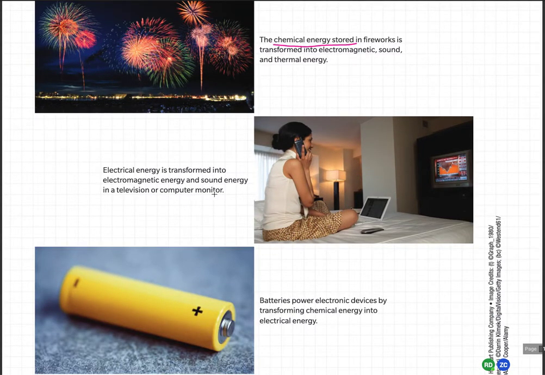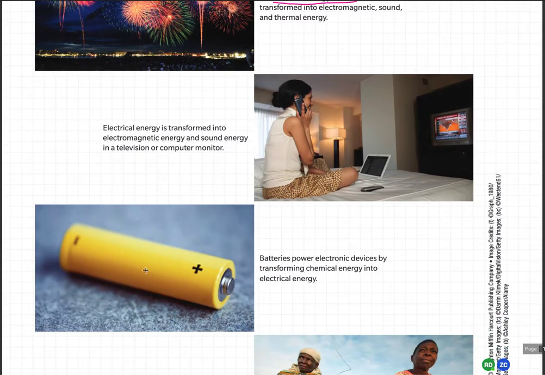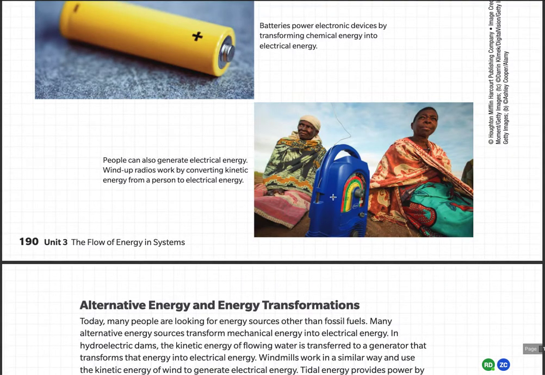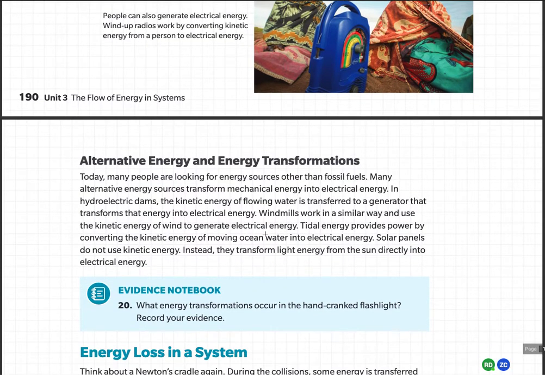We've got electromagnetic energy and sound energy coming from computers and TVs. Batteries are chemical energy that gets converted into electric energy. And with wind-up things, you're using mechanical energy, physically winding something, and it's getting converted into electric energy that we can use.